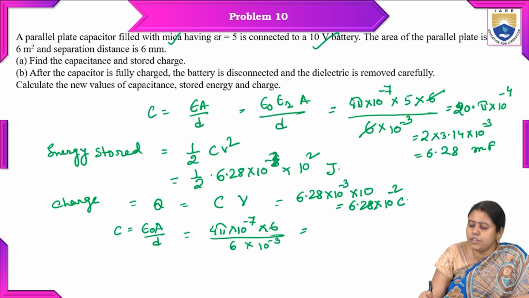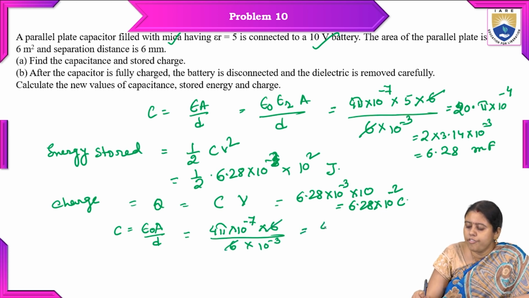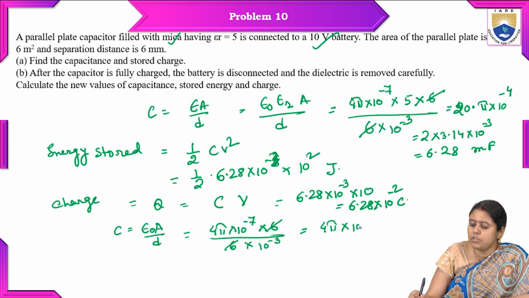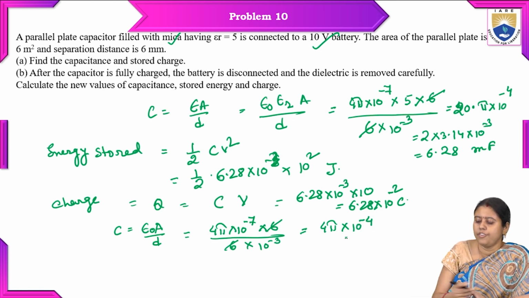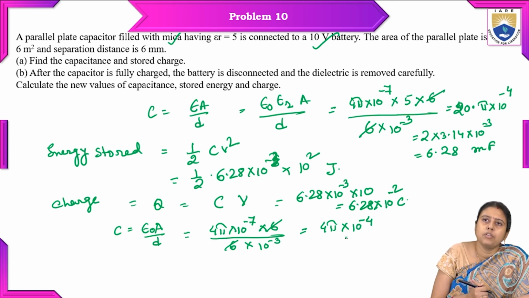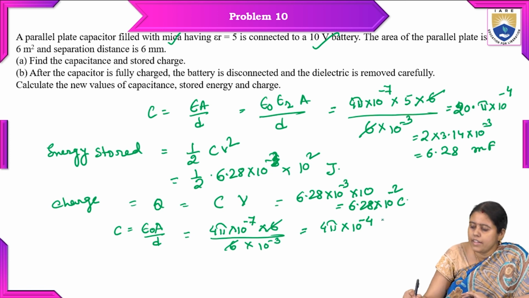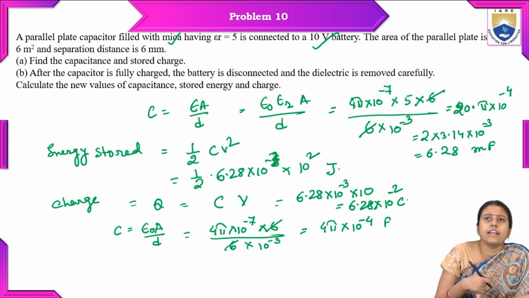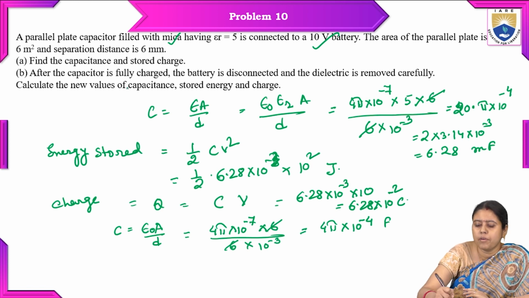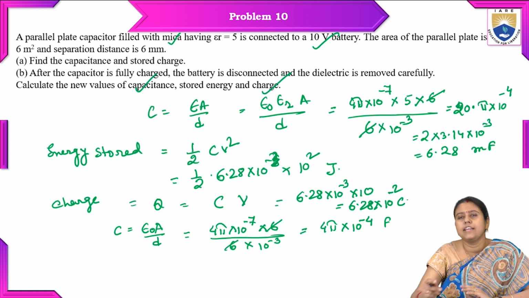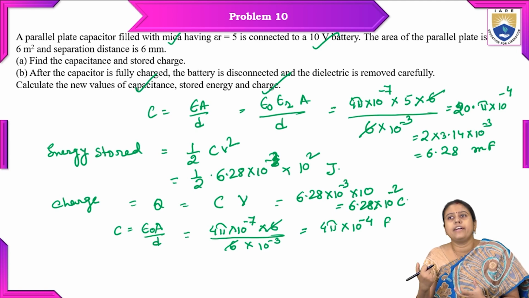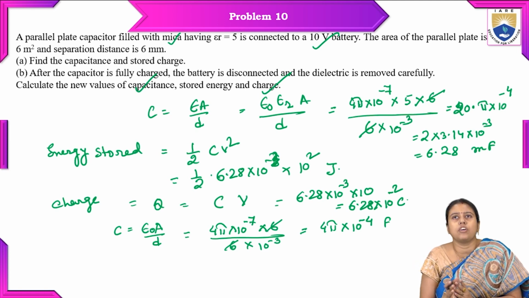So this value is coming 10 pi into 10 to the power minus 4, and the unit is farad. What is the value of the capacitance? If we take out the battery, the charge will be fixed, so this is also fixed.